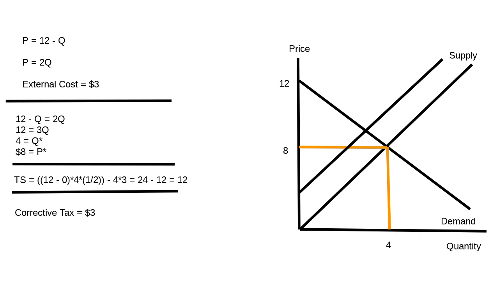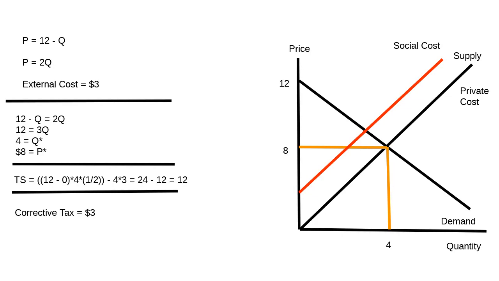So I'll put that in a different color, red. And we can call this the social cost curve. And this supply curve, we could also call the private cost curve.